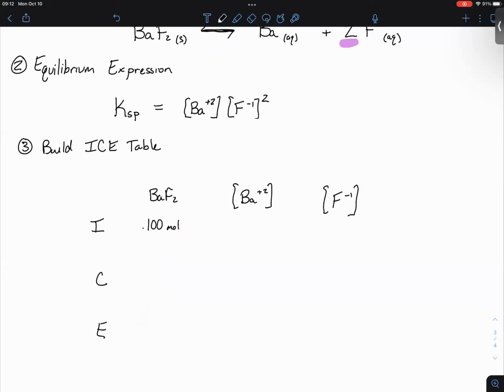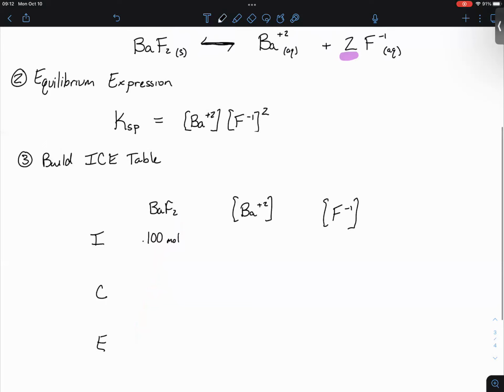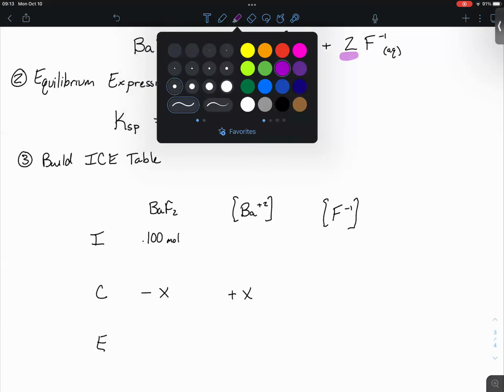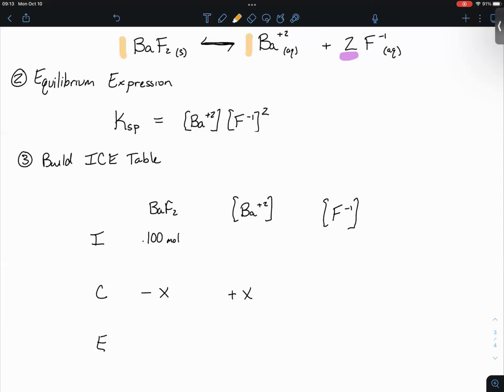Now, what's the change going to be as my barium fluoride dissociates into solution? I'm going to decrease the amount of reactant that I had, that solid barium fluoride, and I'm going to increase my products, right? So my barium ions are going to go up in solution or up in concentration. Okay, and for every one barium fluoride, I will get one barium ion because that's that ratio in my balanced chemical equation.